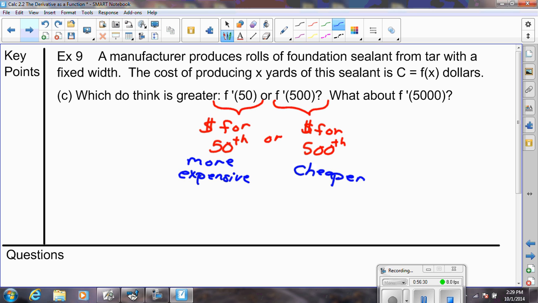But there's going to become a point where you say, well, if I have to make 5,000 of them, if I have to make 5,000 cars myself, I don't think I could make 5,000 cars by myself, at least not in 1 year. Not even if they're model cars, I couldn't do 5,000 model cars in 1 year. If I had a team, they could help me do that bigger number.